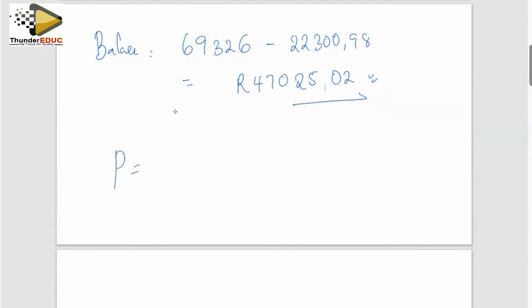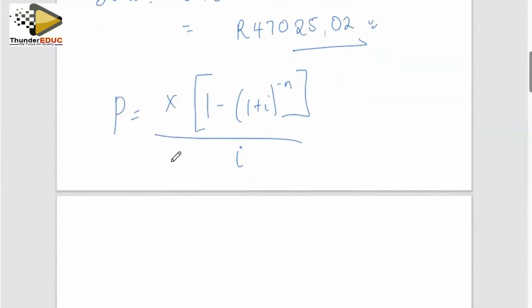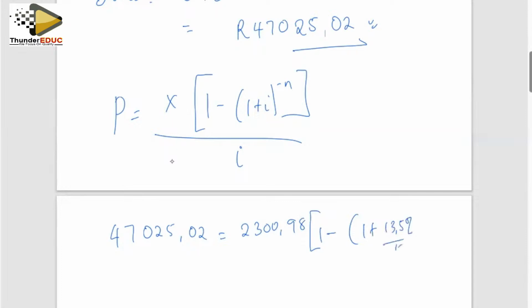So from our present value, we know that x times 1 minus 1 plus I to the exponent of negative n, over I. So if that is 47,025.02, it is equal to the 23.98, 1 minus 1 plus 13.5% over 12, this is negative n, and I'm dividing this by 13.5% over 12.